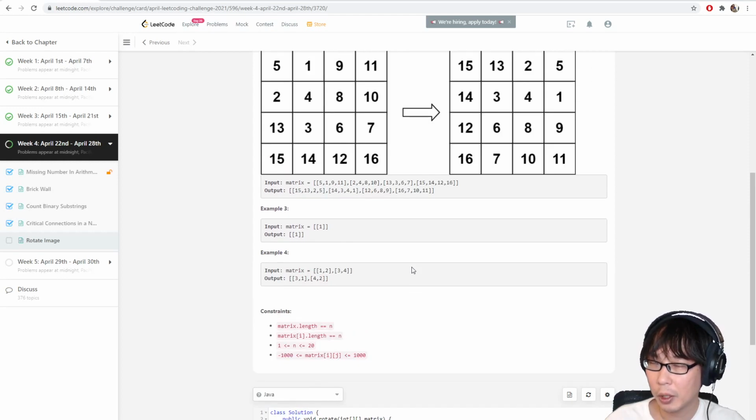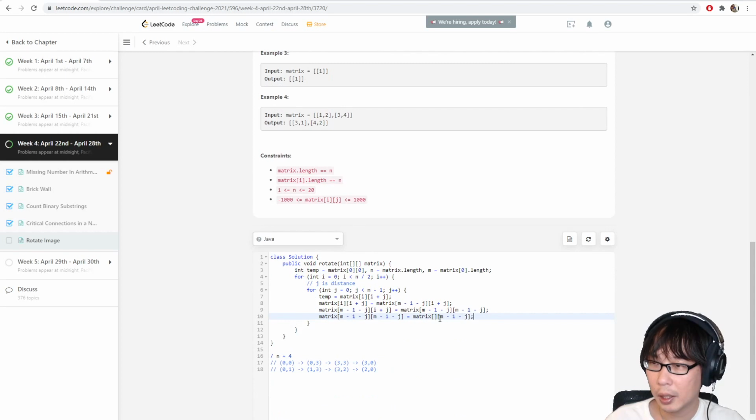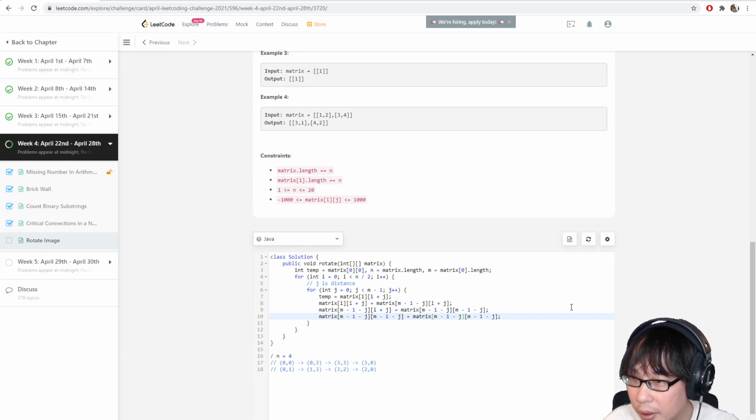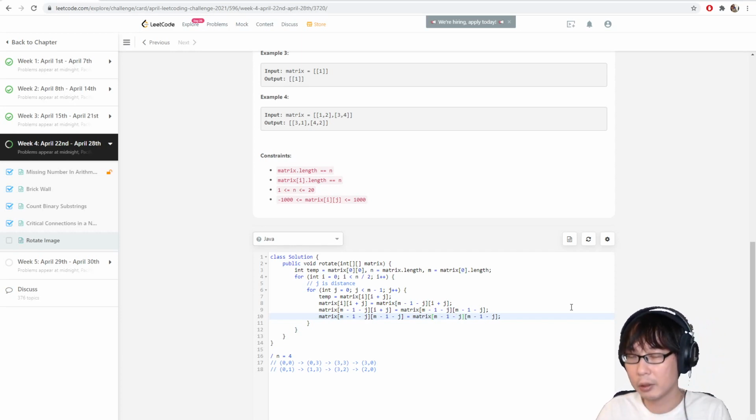So the row will be i, okay, minus 1 minus j. Isn't that the same? Okay, what am I trying to do?